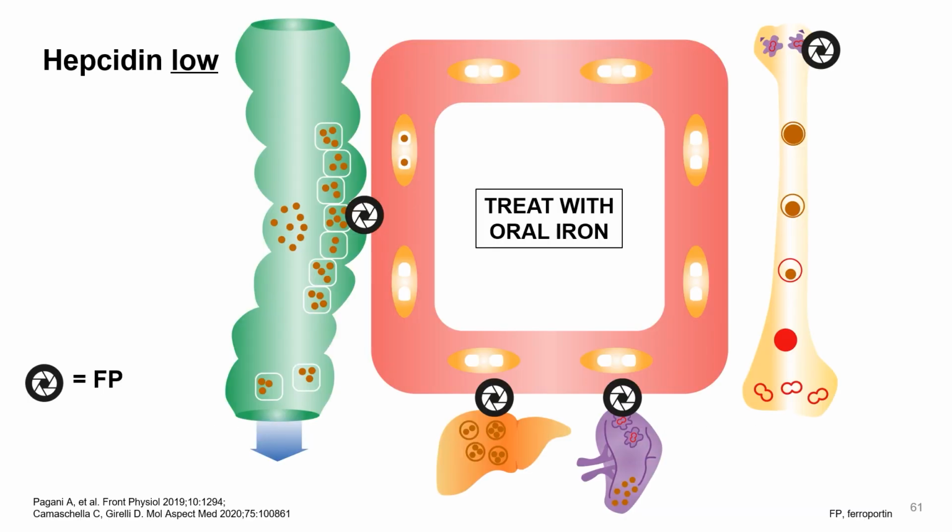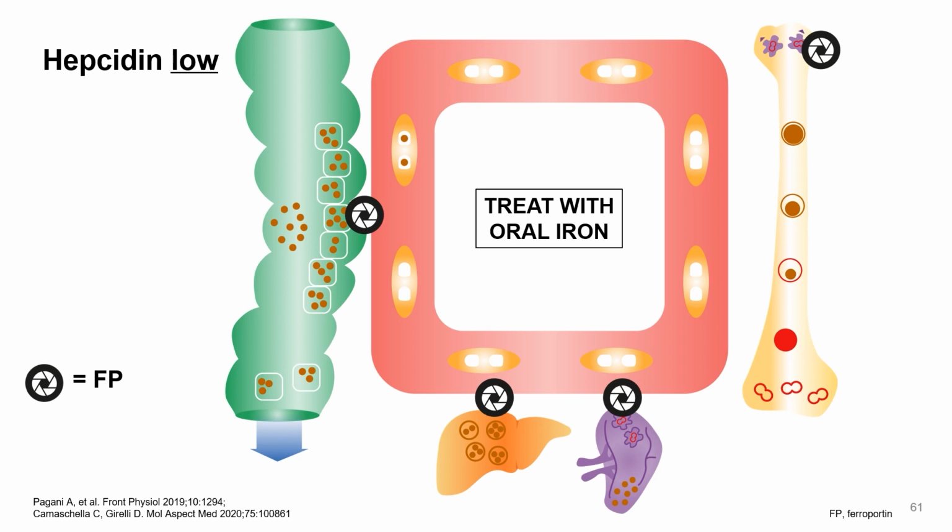Now, what is the practical application of that? Well, in situations where hepcidin is low, for instance, simple iron deficiency, or in patients with genetic or inherited conditions that lead to a low hepcidin, such as hereditary hemochromatosis, all the ferroportins will be open and iron will be absorbed very easily.